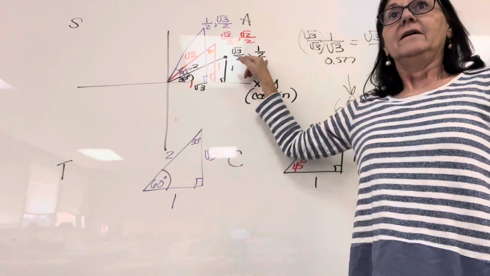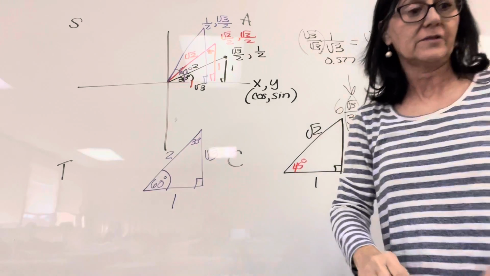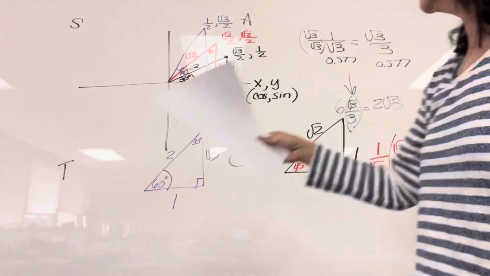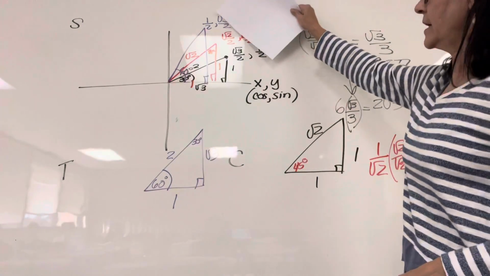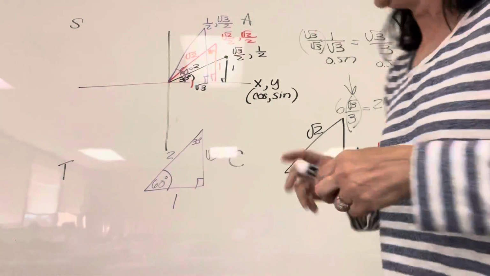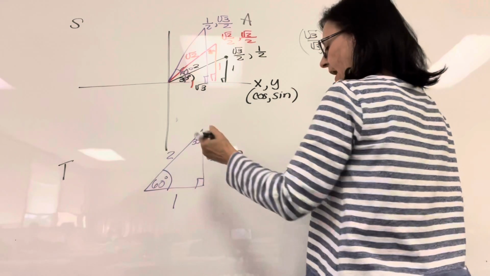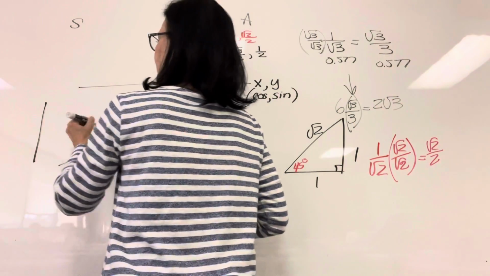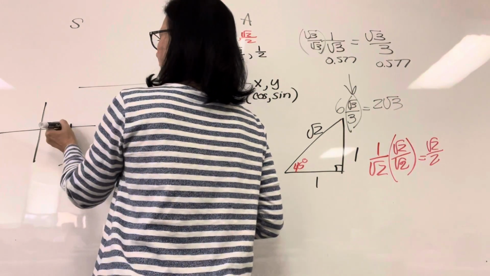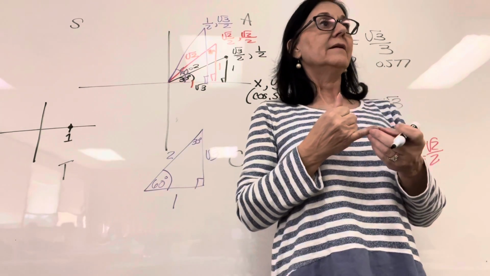All right. Look what happens to the cosine. Let's just isolate on the cosine. Here, if I had 0, here's the unit circle. If this were 1 and this were 0 and the point is there, what is the cosine?